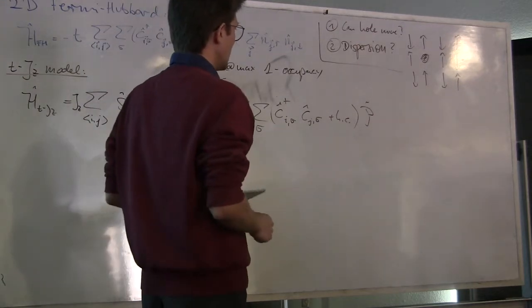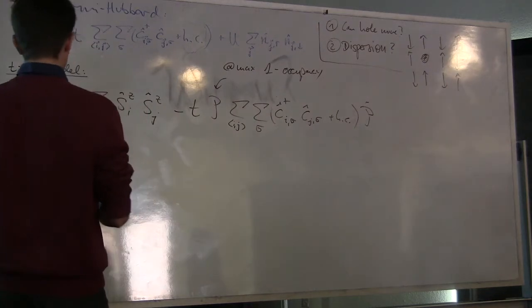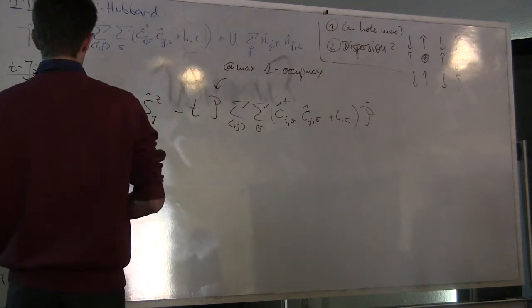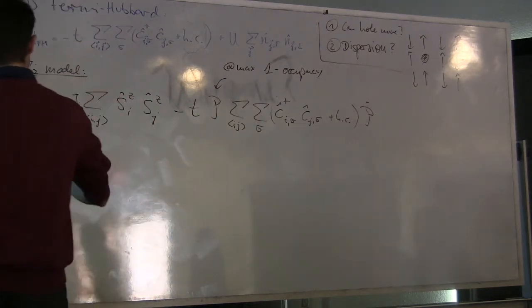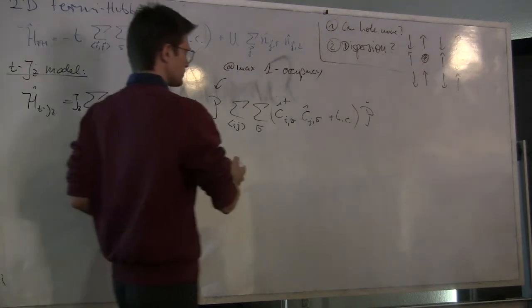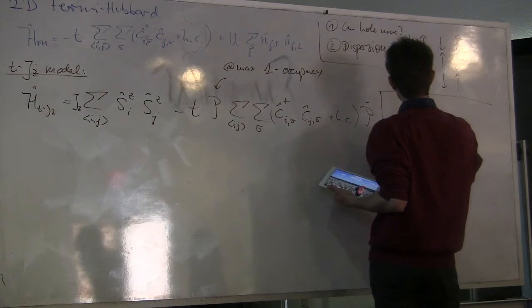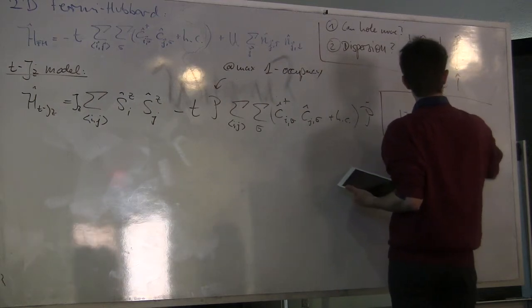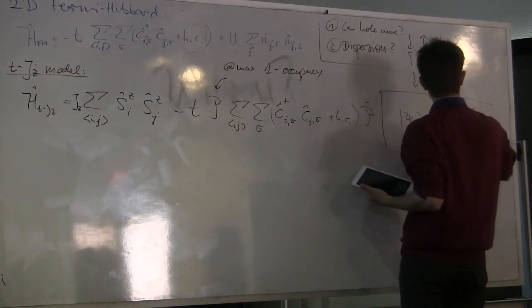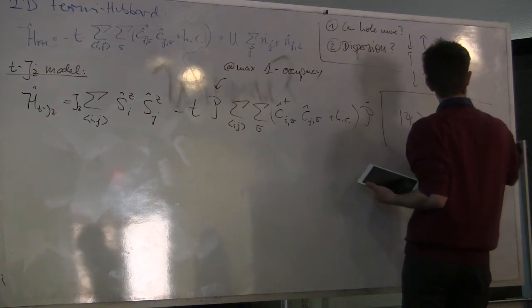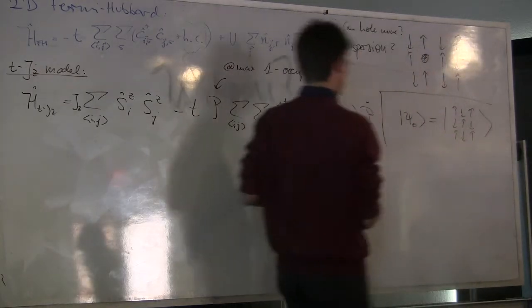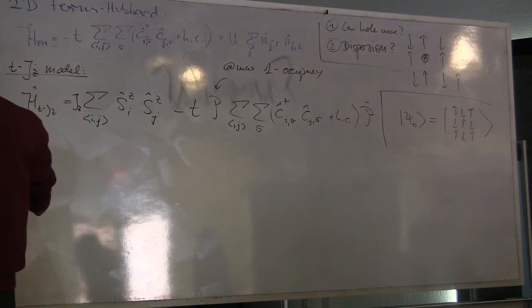And okay, so let's write this down. Let's look at this in some detail. Let's introduce some little formalism. So I will always write the undoped state as psi naught, okay? So this is the antiferromagnet without a hole. And now we're going to look at the first state. I call this CJ.